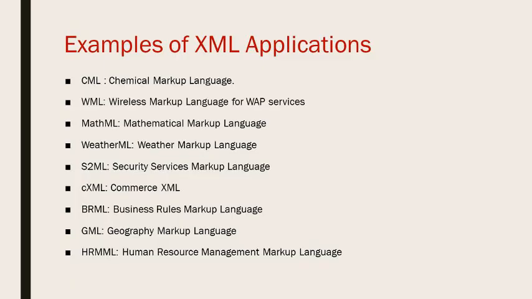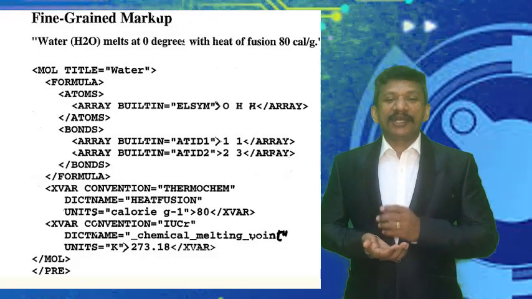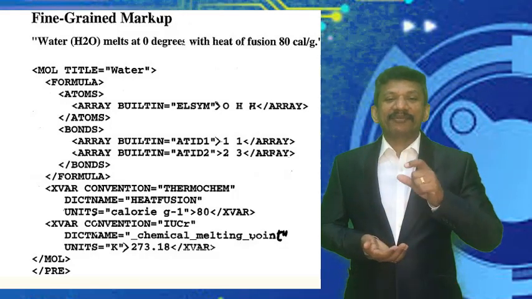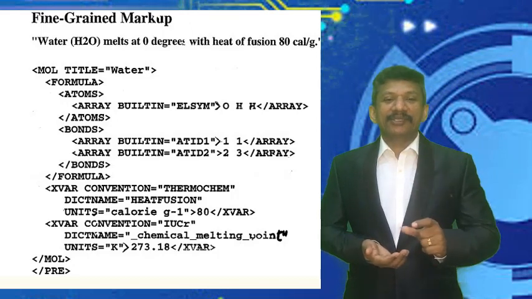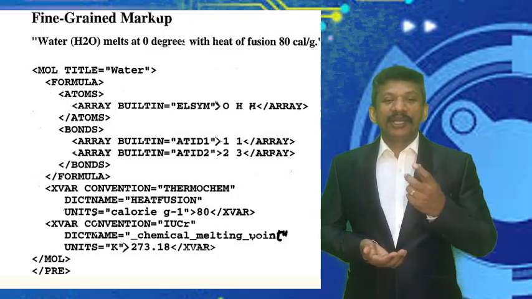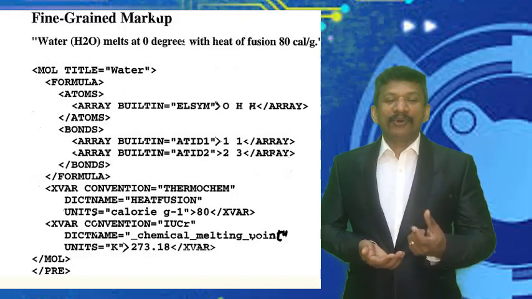And when I say chemical markup language, it is very domain specific. For the domain chemistry, we generate a complete set of XML tags and elements with attributes to deal with all the chemical compounds and its reactions.